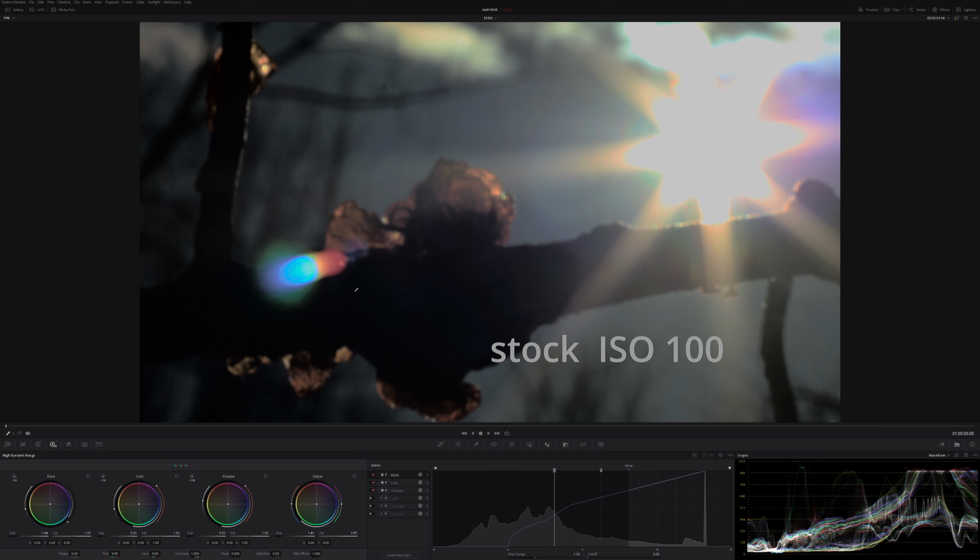But if I was to grade it to preserve as much of the detail in the shadows as possible, then you would begin to see noise creeping up in those dark areas. And the noise is much stronger in the stock footage. I'm not going to bother showing you that because it won't be preserved by YouTube. They degrade the footage far too much.